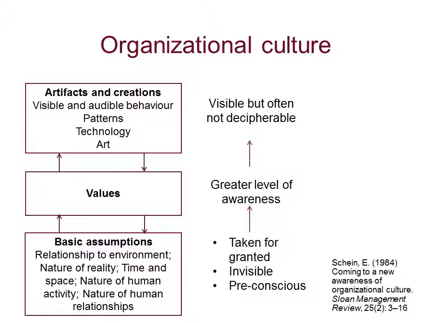Let's start in the middle, the core. We have basic assumptions, views on the nature of reality, time, space, nature of human activity, nature of relationships. These are what Schein said were taken for granted, invisible, pre-conscious ways of viewing the world, which are driven all the way from our childhood. They're essentially our ontology, our way of viewing the world.